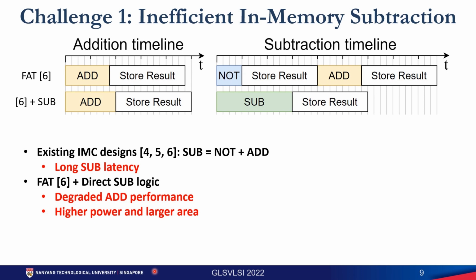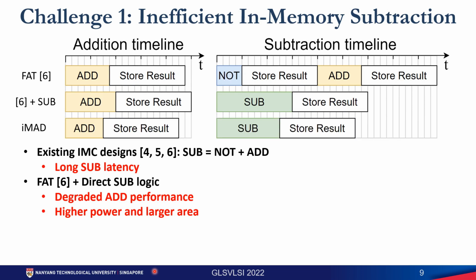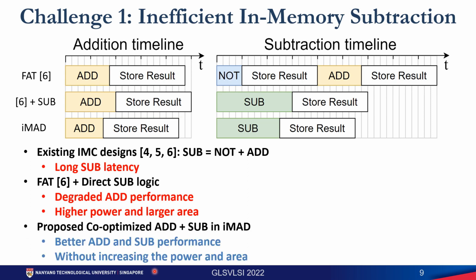The add-on circuits also bring higher power and larger area, and both addition and subtraction count in AdderNet. So we propose to co-optimize them in this paper. As a result, we achieve better addition and subtraction performance without increasing the power and the area.